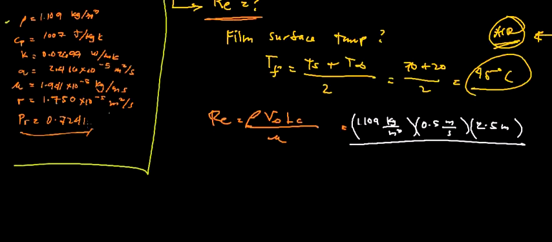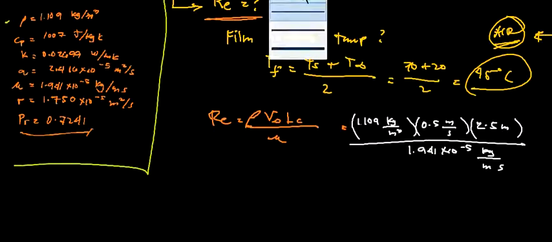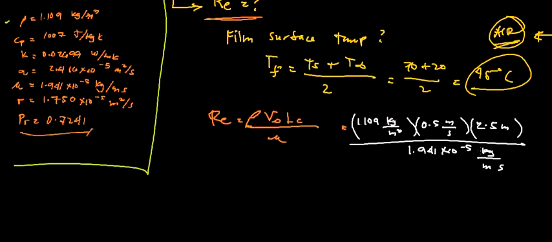Then it is all over the dynamic viscosity, which is this one, 1.941 times 10 to the negative 5 kilogram per meter second.